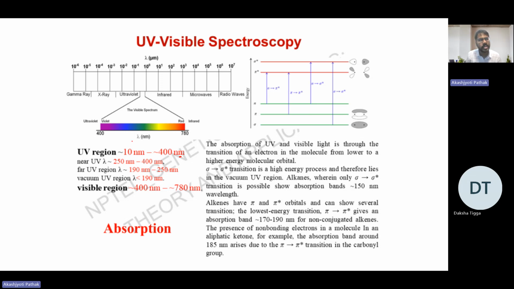Near UV means the wavelength will be near to the visible region. The near UV wavelength has a range from 250 nanometer to 400 nanometer, and the far UV region has wavelengths from 190 nanometer to 250 nanometer. The visible region has energy which corresponds to wavelengths from 400 nanometer to 780 nanometer.